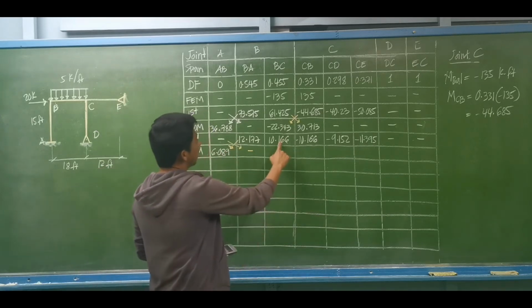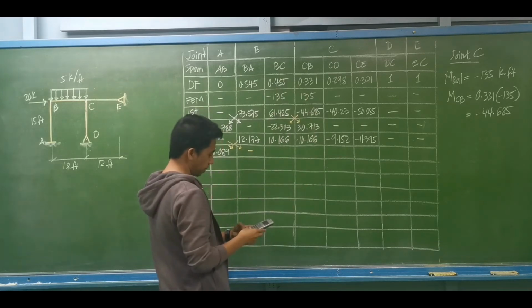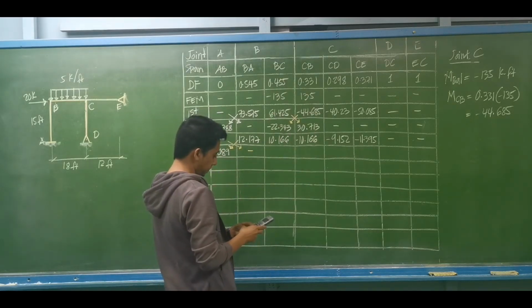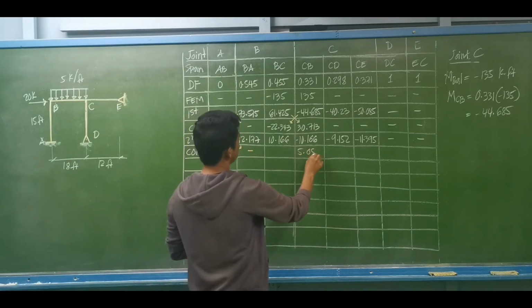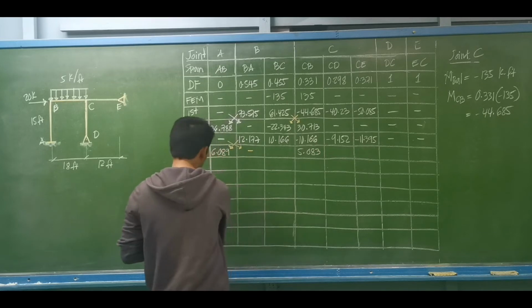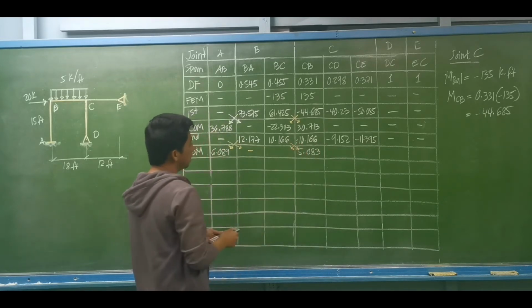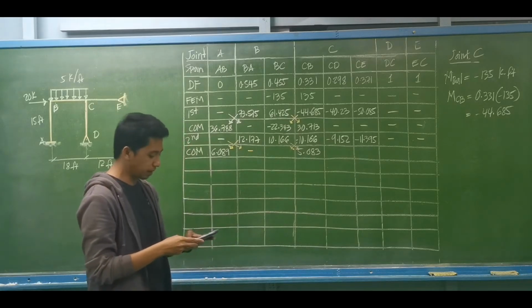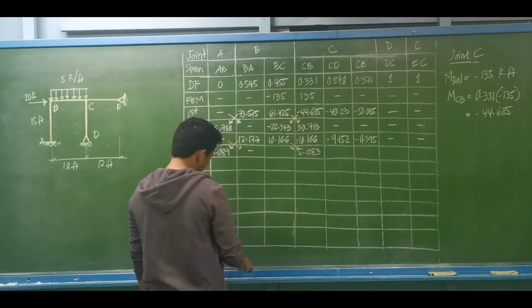And then we have the other end of BC is CB. So that is 10.166 times 0.5. And we have that value as 5.083. What is the other end? Well, the other end of CB is BC. We have negative 10.166, that is the same, but opposite in sign.